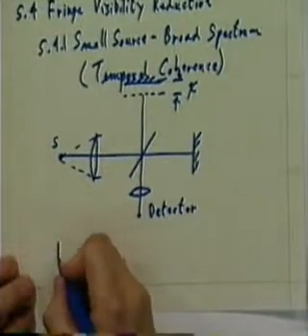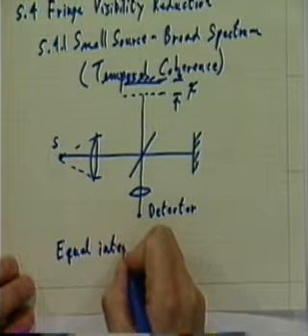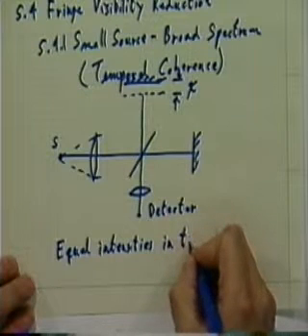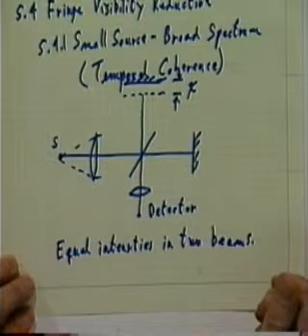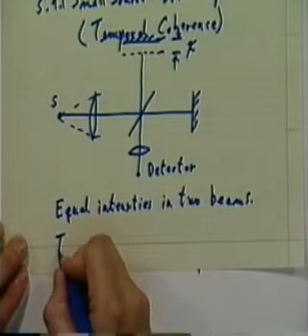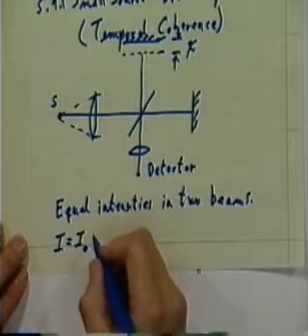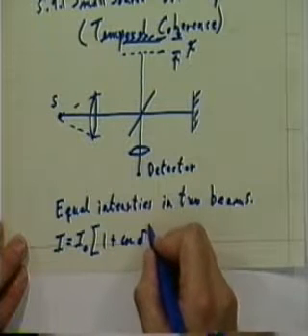So I'll write that down. And if that's true, then we can write here that I is I naught, some number, don't care what, times 1 plus cosine of delta.